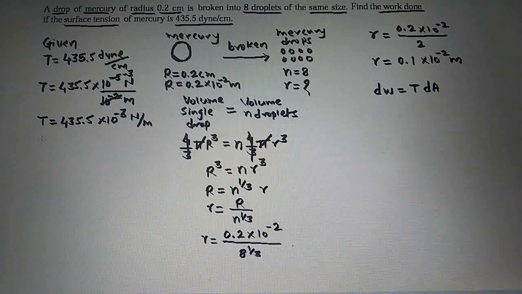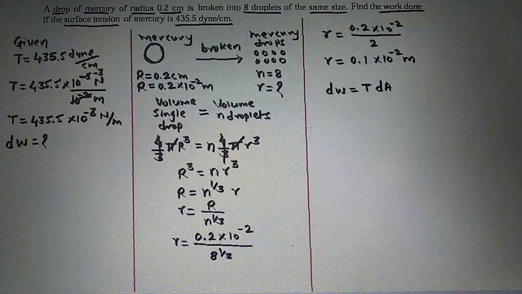And what we have to find out is the work done, that is dW. The next step is to find the change in surface area, dA, which is the final surface area minus the initial surface area.